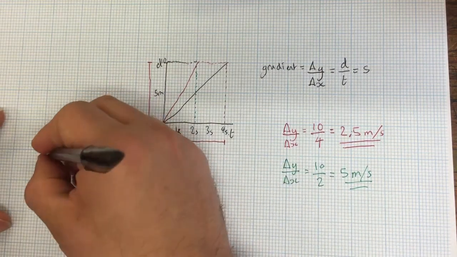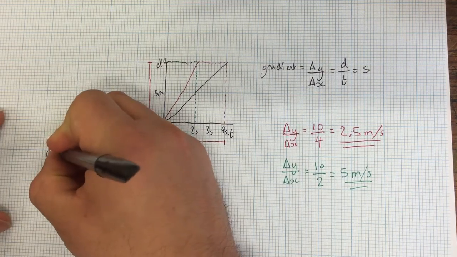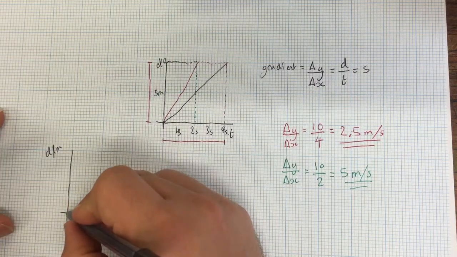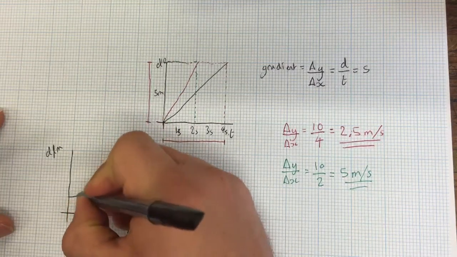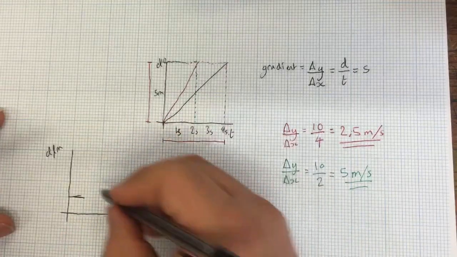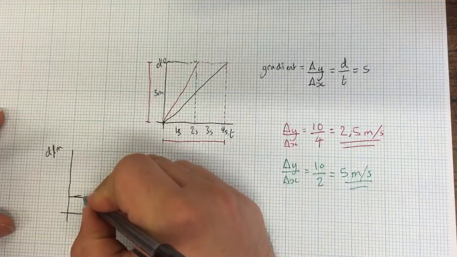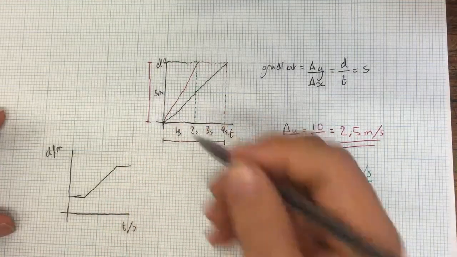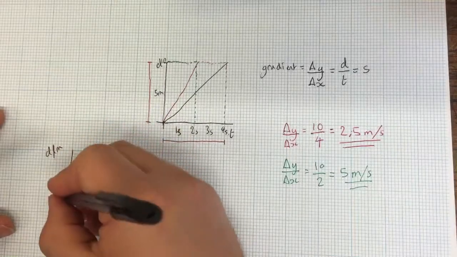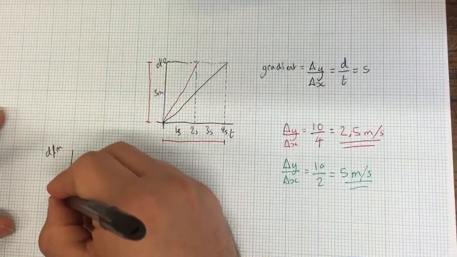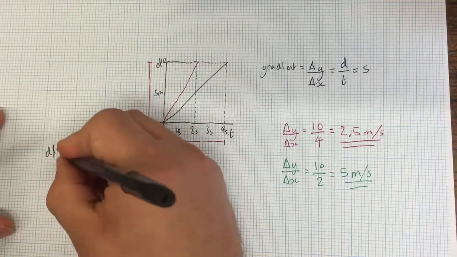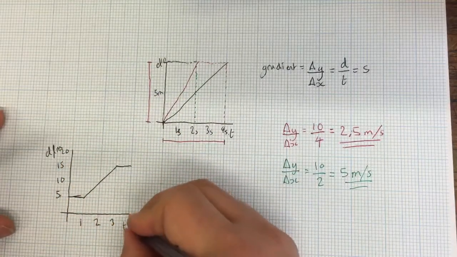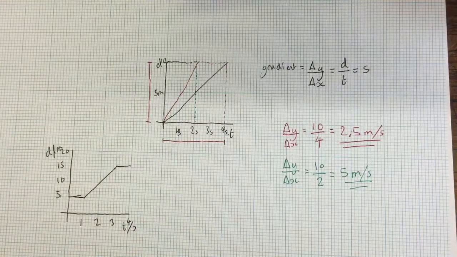So for example, I've got my distance time graph, and now my object is going to be going at constant speed, then stationary, then travelling at constant speed, and then stationary again. So I'm going to make this 5 meters, 10 meters, 15 and 20, and I'm going to keep my times simple again, 1, 2, 3 and 4, just to make it nice and straightforward.